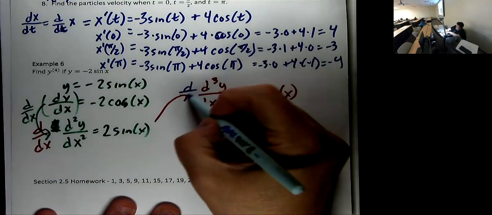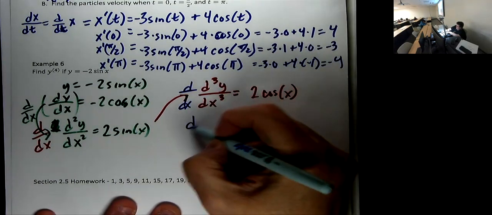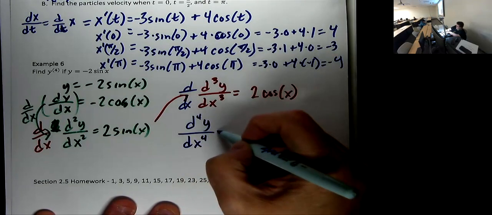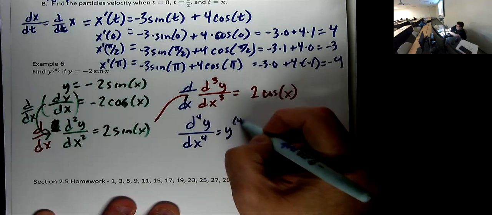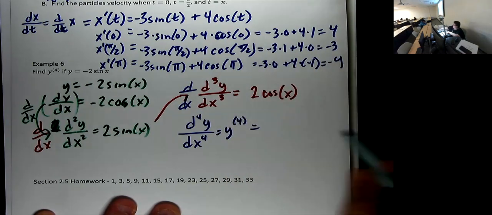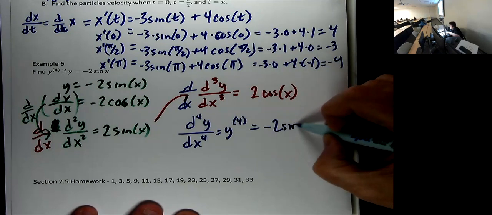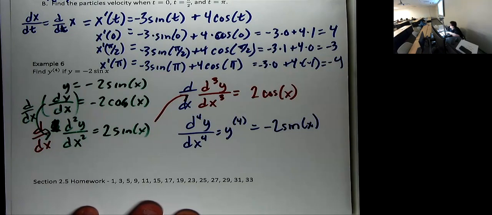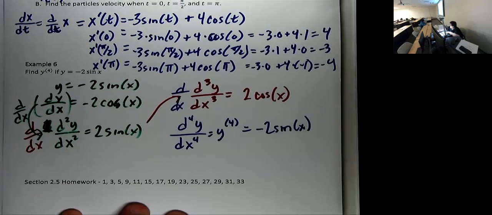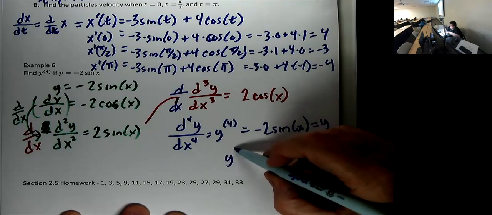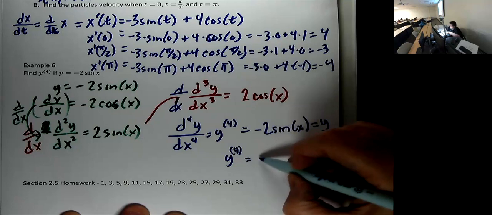D dx here gets us d to the 4th y over dx to the 4th, which is our y4 like that. What is this value? -2 sine x, which is the original equation. Why? The 4th derivative of a trig function is the original.